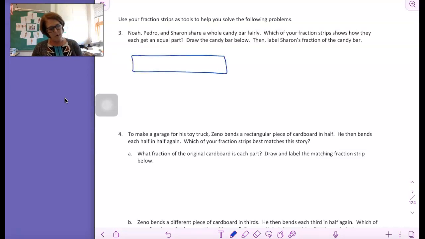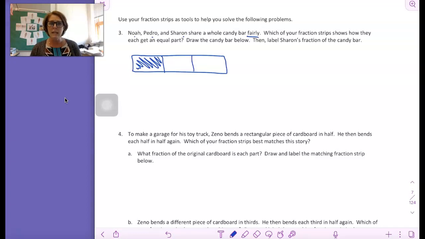So if I have a candy bar, it says it's Noah, Pedro, and Sharon. They share it fairly, which means the parts need to be equal as we can make them. So I'm going to make 3 equal parts. Here is Sharon's.